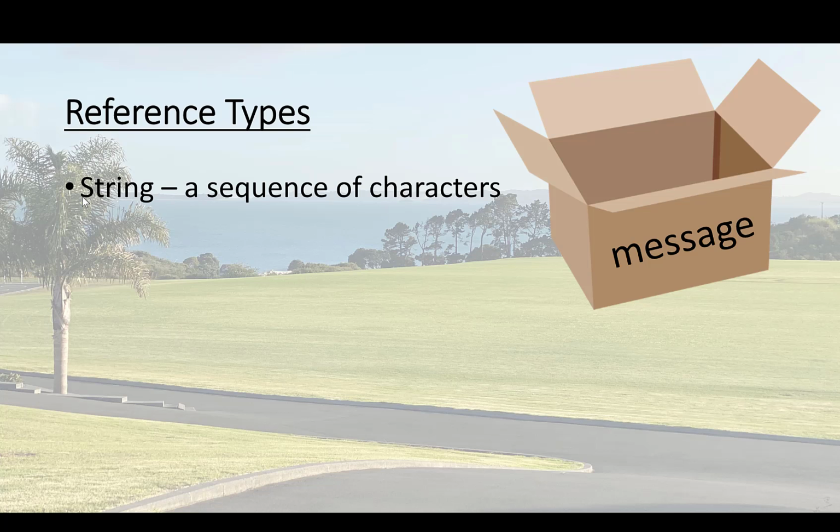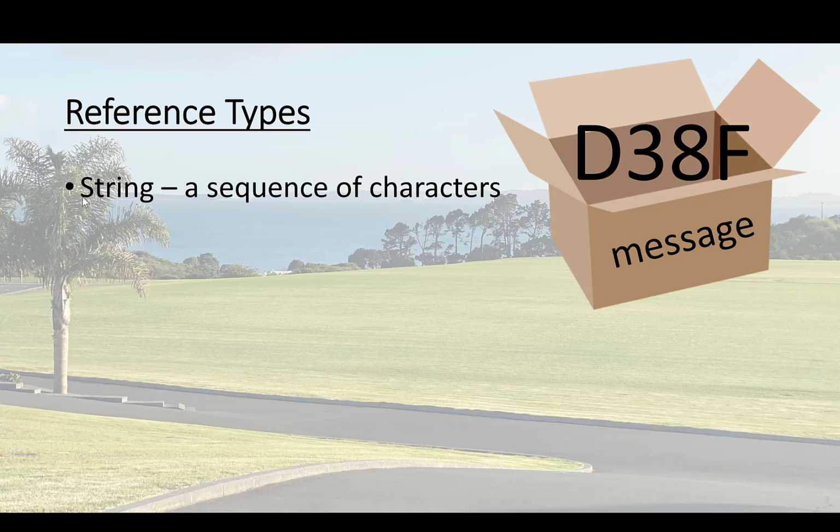But instead of storing the actual value of that string inside the box, because this is a reference type, behind the scenes the Java compiler is actually storing the memory location, or the memory address, of where the data is stored. This has some important consequences that I won't go into just at the moment, but if you get any problems in your code and you've got multiple string variables, this could be one of the issues: you're treating a string as if it was a primitive data type rather than a reference data type.